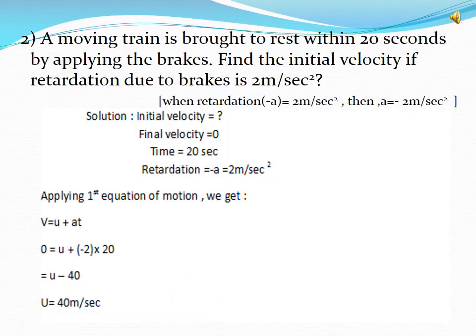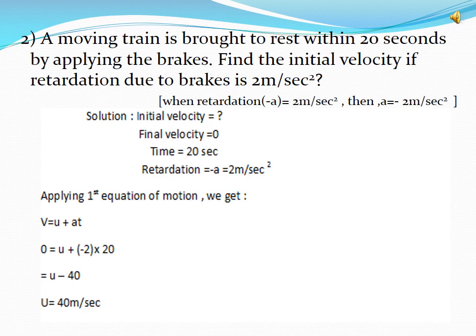The second question is, a moving train is brought to rest within 20 seconds by applying the brakes. Find the initial velocity if the retardation due to brakes is 2 meter per second square. Here we have to calculate the initial velocity u. Final velocity v is equal to 0, as the train is brought to rest after a few seconds by the application of the brakes.